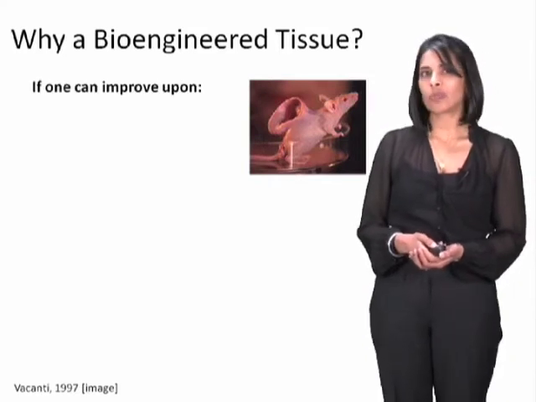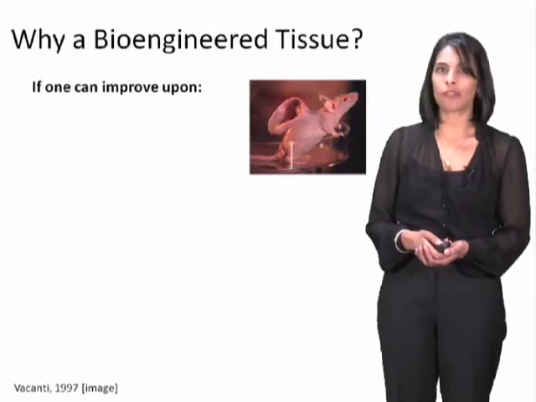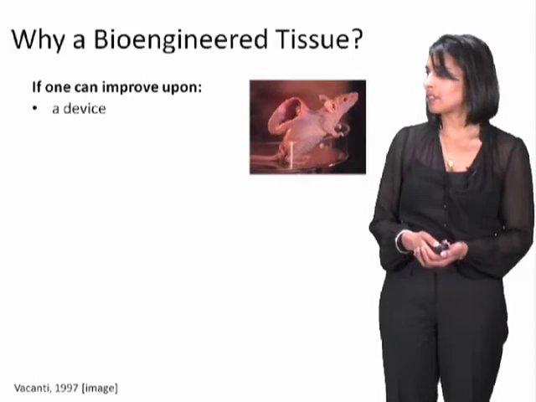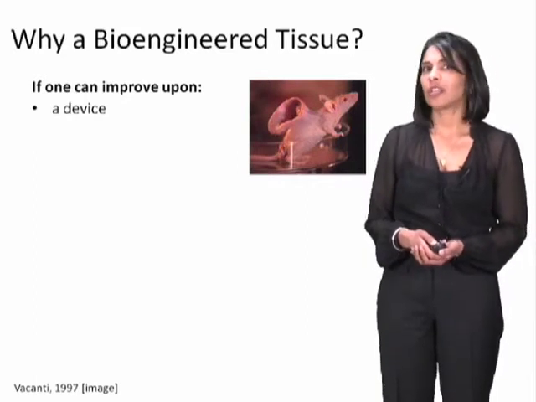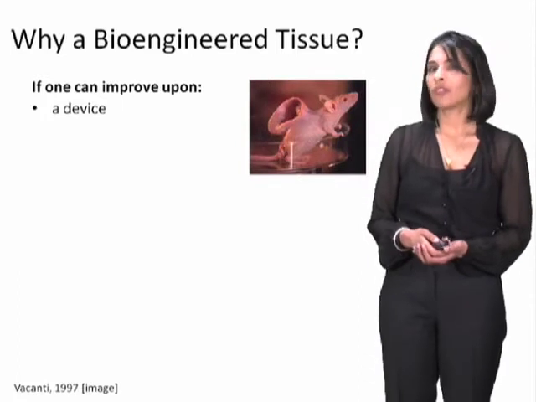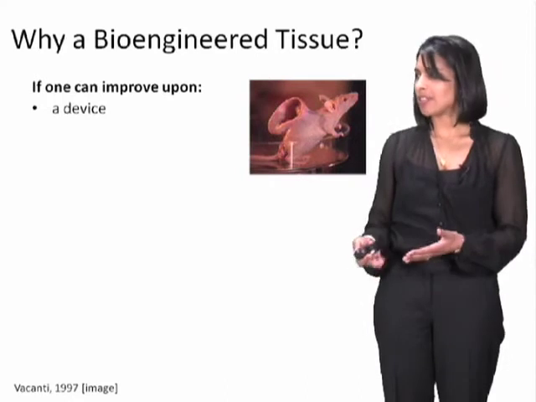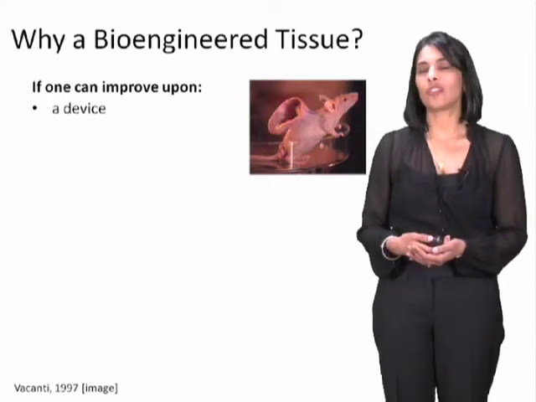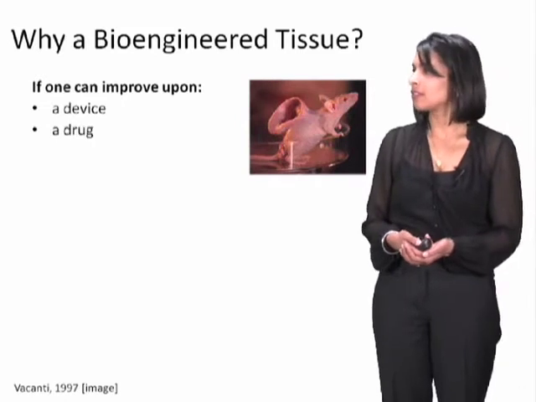Well, tissue engineers would typically do this only if one needed to improve upon one of the following existing medical therapies. If no simple medical device could improve the tissue function, for example, an implantable hip is a piece of metal or a piece of plastic, and if that could achieve the tissue function that you were interested in, you wouldn't create a hybrid device.